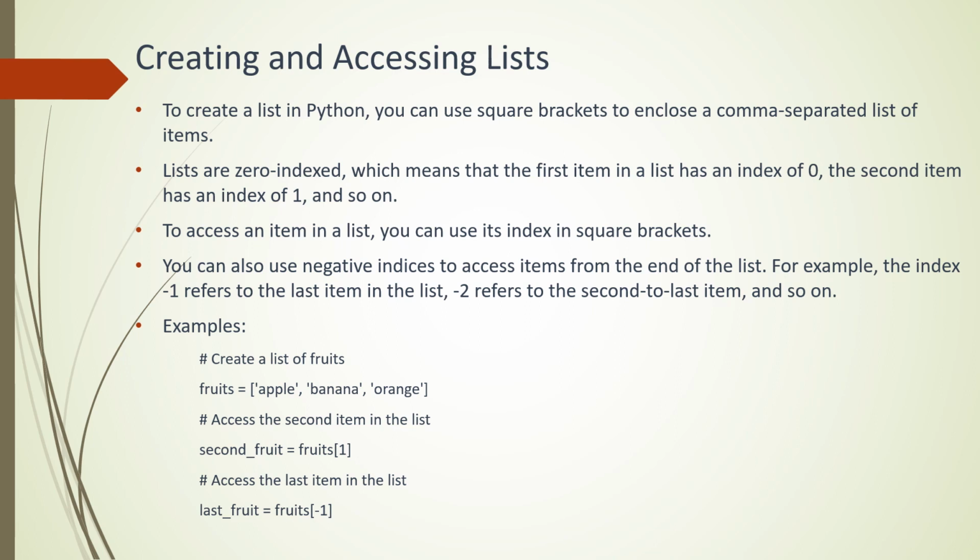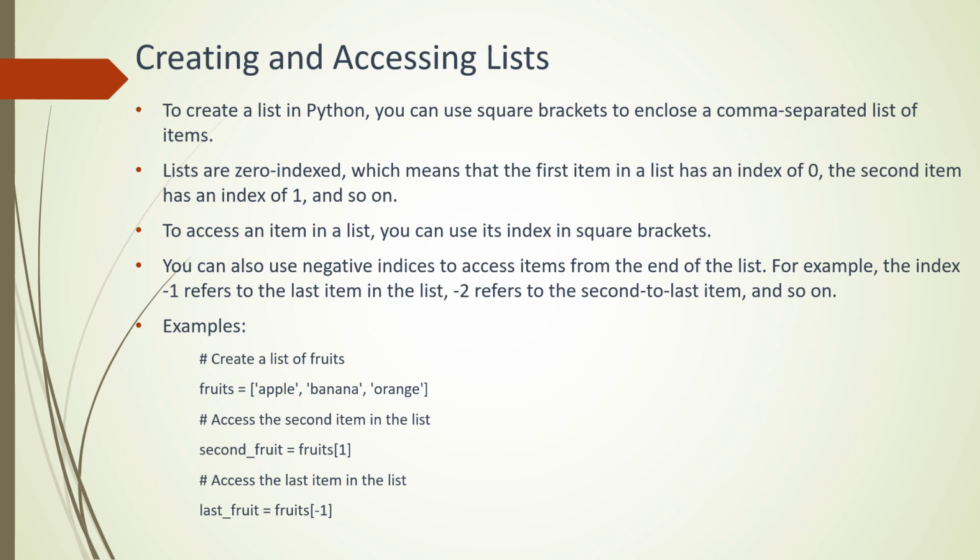item, and so on. For example, if you wanted to create a list of items, then you say fruits is assigned a list enclosed in square brackets: apple, banana, orange. Remember that all those are of string type, which means that they are enclosed in single quotes.